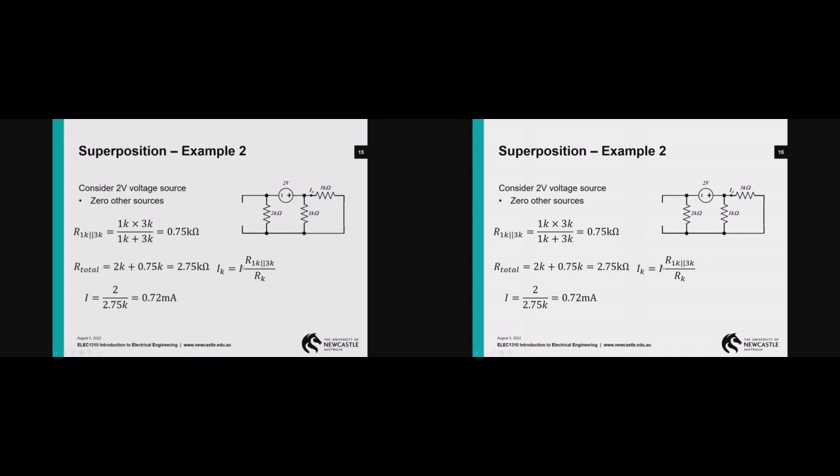So I just go I times the total resistance divided by RK. Now you could have used that 2-leg current divider expression. I suspect the reason I used this method in this case was that I'd already worked out what R1K in parallel with R3K is, so I already had that number.